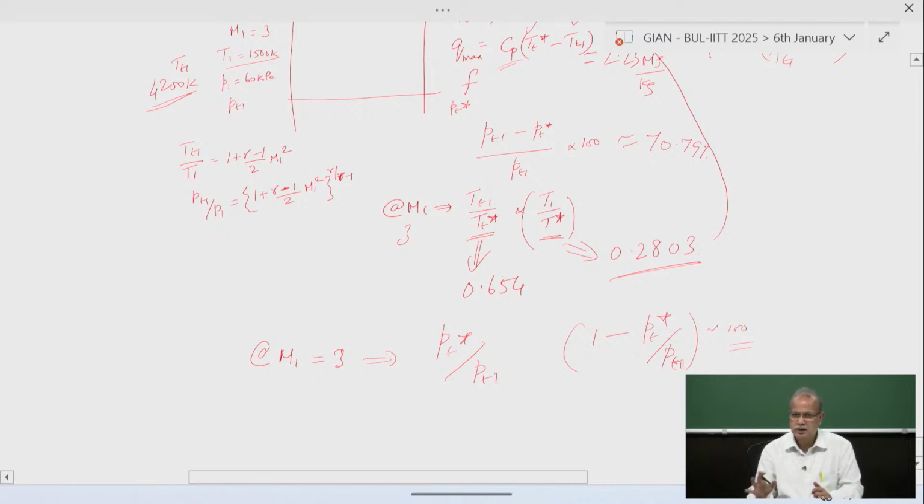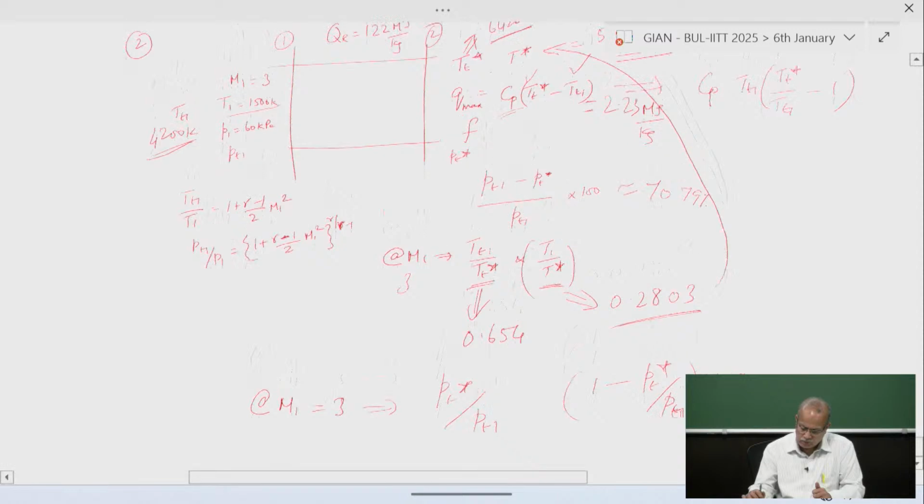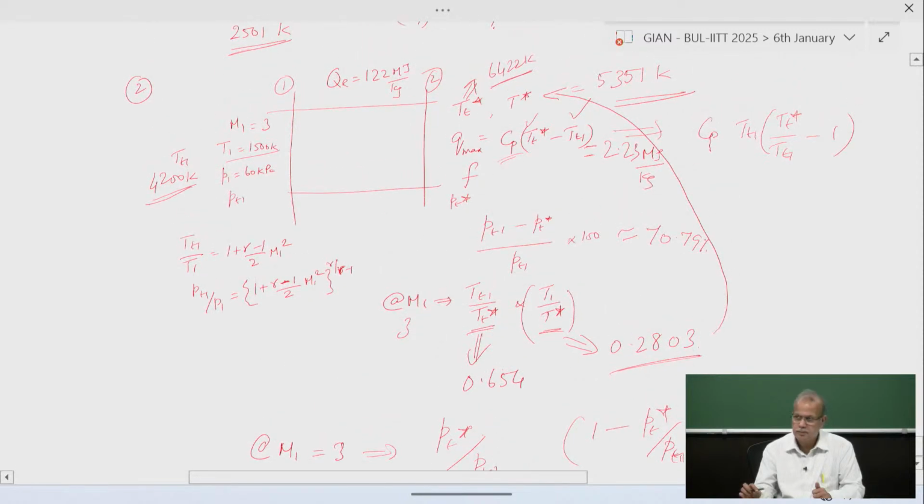All of you are able to understand? Yeah. So what is left out? What is the fuel-air ratio required to thermally choke the combustor?